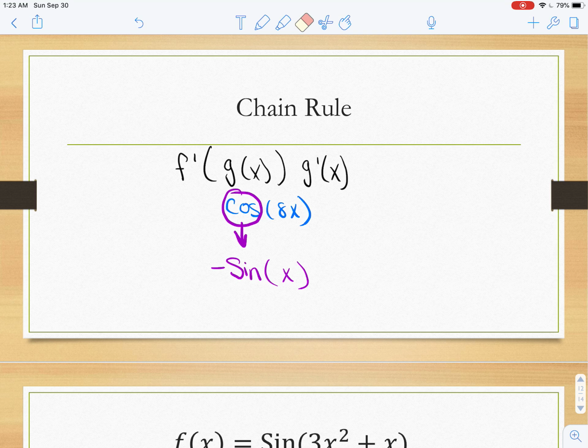But now in our x inside, we are going to put in the 8x. And then with the chain rule, we have to take the derivative of the inside function, which is 8x, and the derivative of 8x is 8. So this is correct. Or I can bring this 8 to the front, which will be my coefficient. And I get negative 8 sine 8x.